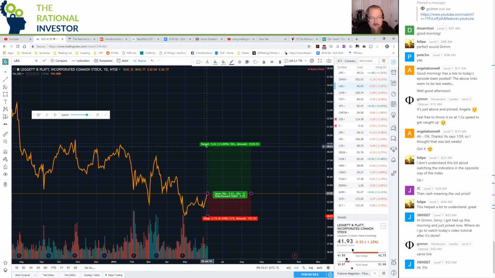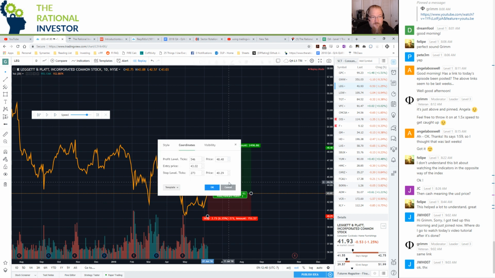And what we mean here is this. See how I'm moving this and that middle number is changing? This risk reward ratio is 2-to-1, which means we are expecting price to move up twice as high as we are risking that it's going to move lower. Okay? Once we have that, if you double click on that, it'll give you the exact values. All right? Then we can copy this.